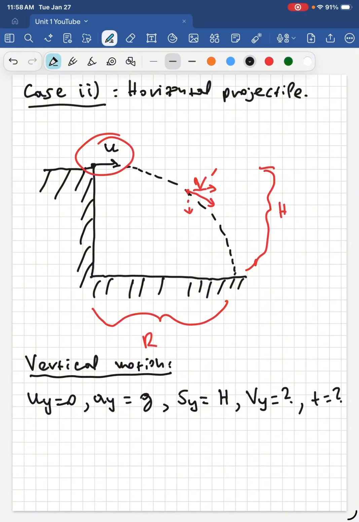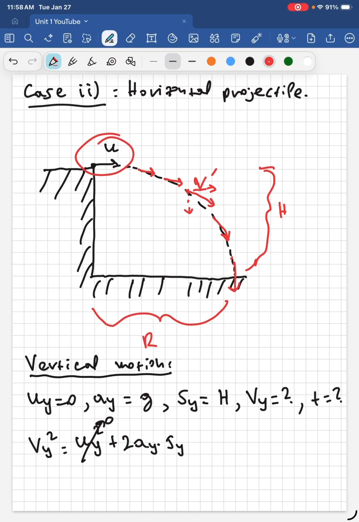Yes, we can use the SUVAT equation vy squared equals uy squared plus 2ay times sy. We get this nice cancellation because the initial velocity in the y direction is 0. And as you can see, as the projectile moves, its velocity in the y direction increases, okay?